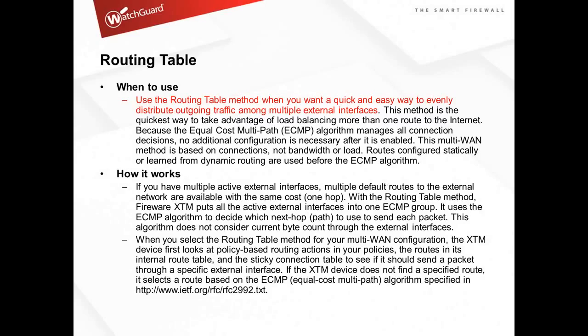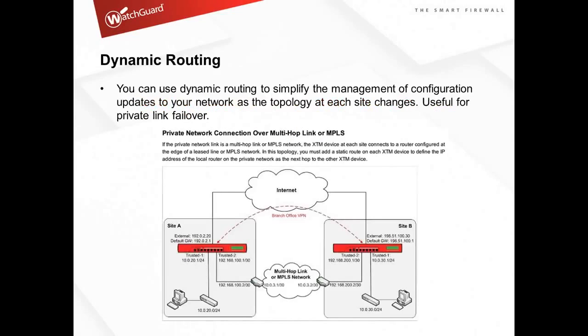But a routing table essentially allows you to create a policy and then specify how you want that policy to distribute the traffic, or what interface you want the traffic to go out. Ultimately, that's policy-based routing that you can use as well.